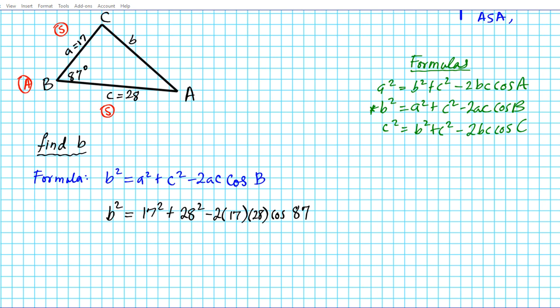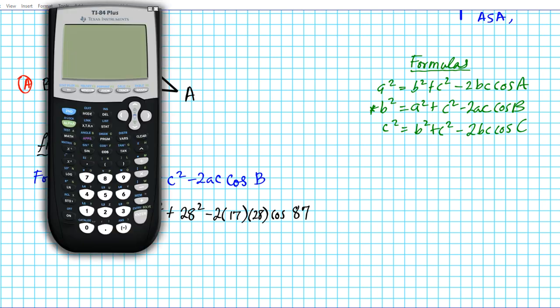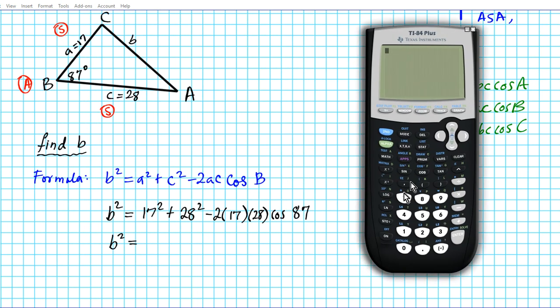Okay, so we'll go ahead and plug the right side of the equation into our calculators. So if we plug it in, we have 17 squared plus 28 squared minus 2 times 17 times 28 times cosine 87.